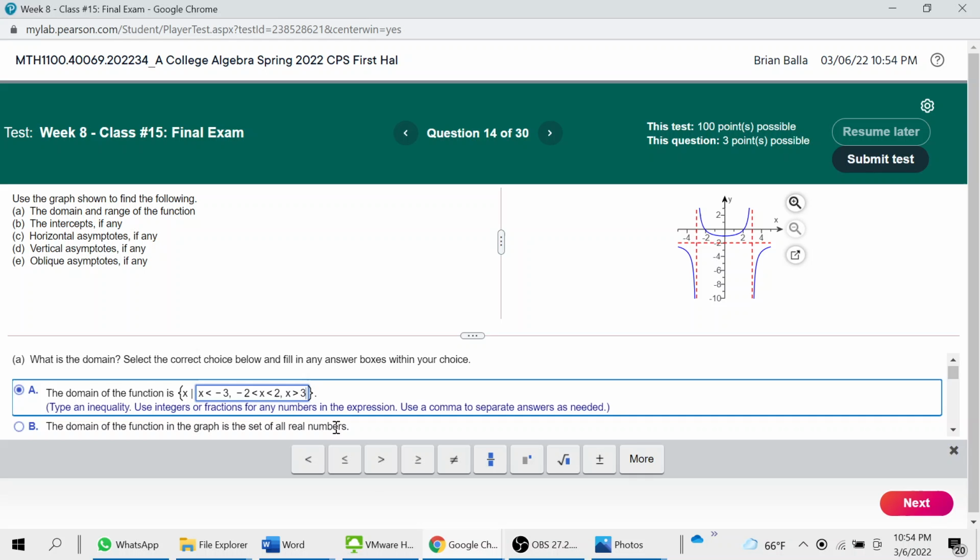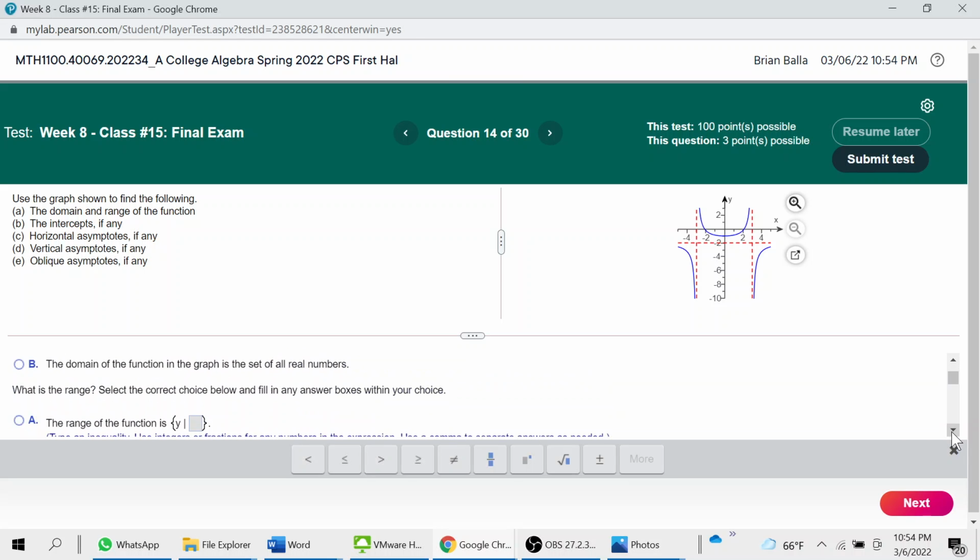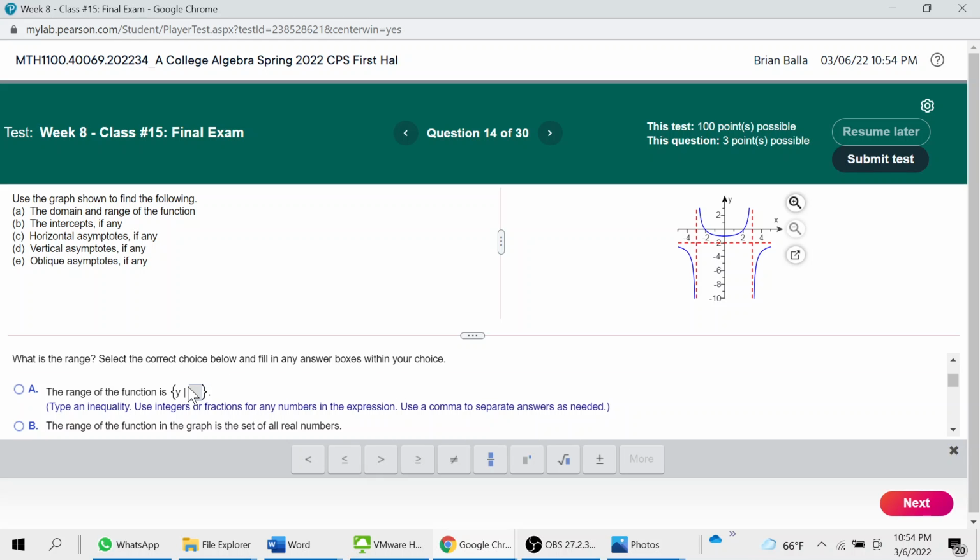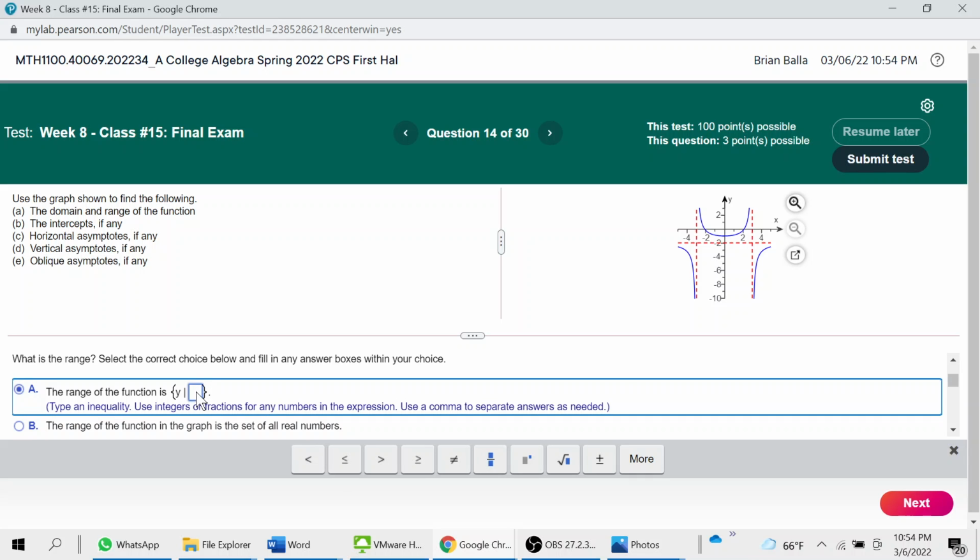Sorry, x is greater than 3. Okay, perfect. Moving down here, the range. y is less than -2. Got it. y is greater than -1. And that appears to be it.